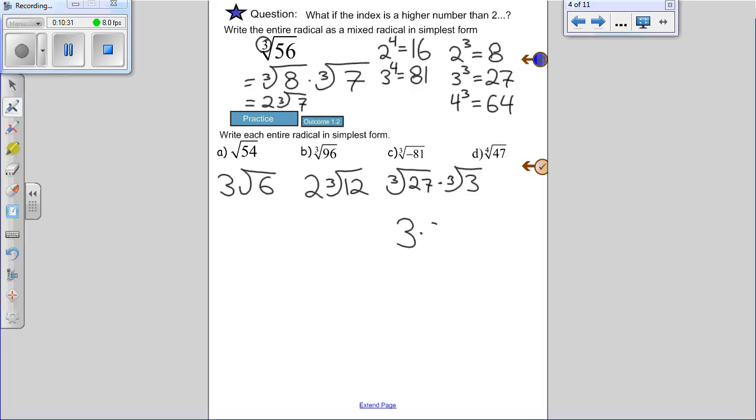And again, if you put the negative in front of the 3 here, that's okay. And if you put the negative in front of the 3 in there, that's okay. The answer will work out the same. As long as you remember that that negative has to stay, and it can only stay in one of them. It can't be in both of them.